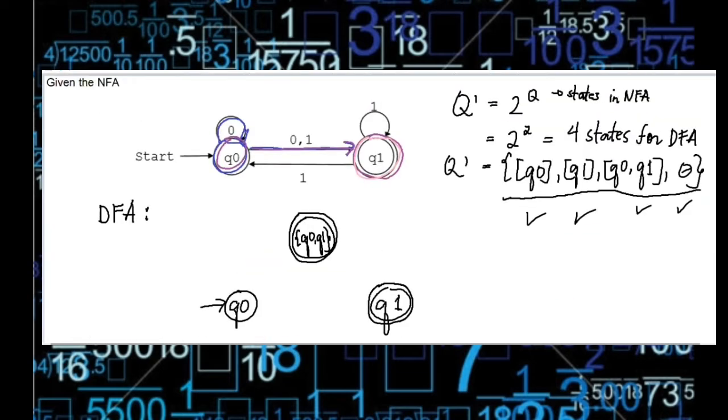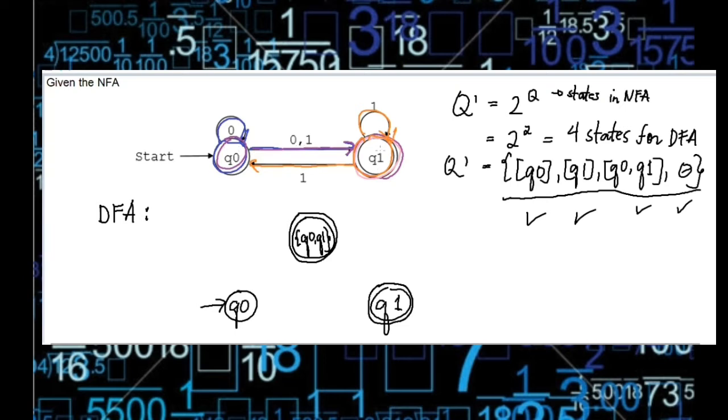Q1, mag-i-input ka ng 1. Let's use orange. Q1, mag-i-input ka ng 1. So, where you will go? So, magpupunta ka sa sarili niya, Q1. And also, pag nag-input ka ng 1, pwede ka ring mapunta, bumalik sa initial state na Q0.